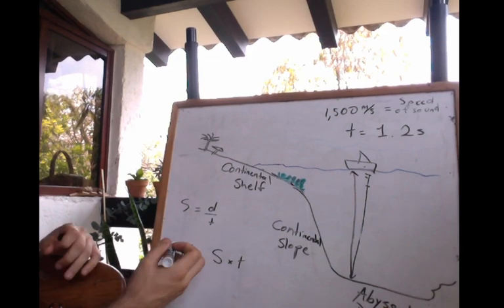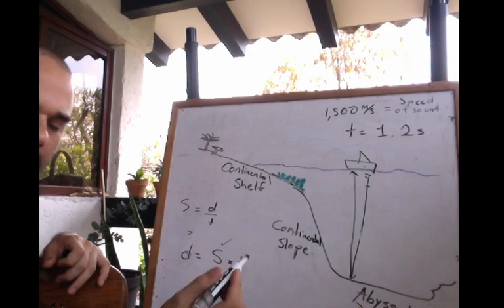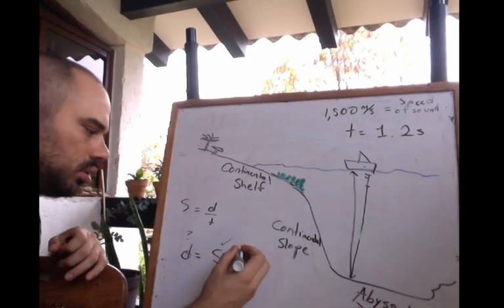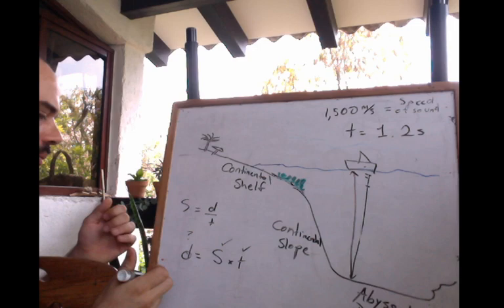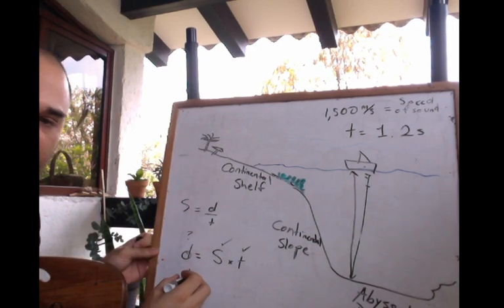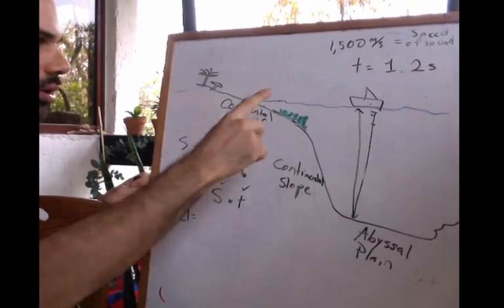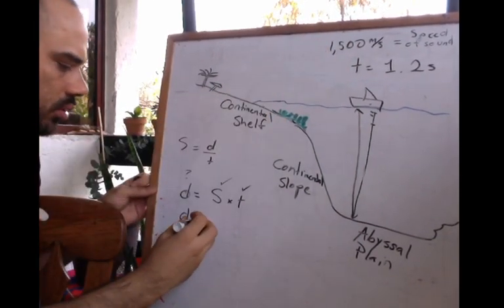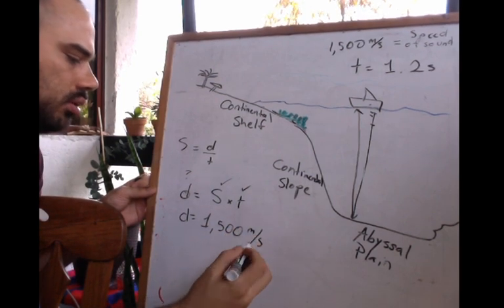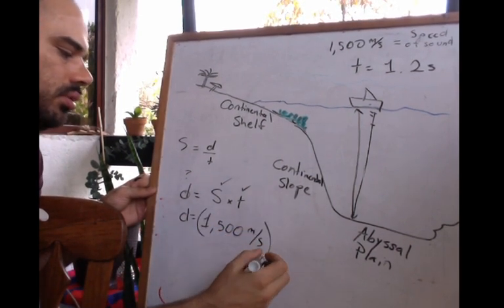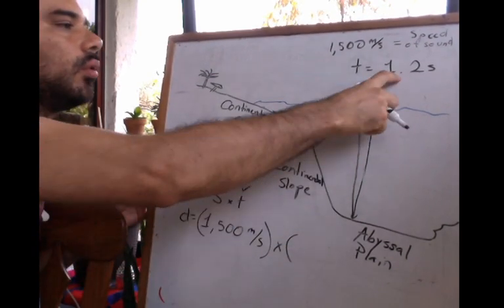So we are trying to find the distance. We don't know the distance, but we already know the speed and we already know the time. The distance is our variable. The speed, we already know it: 1,500 meters per second. The time, we already know it: 1.2 seconds.